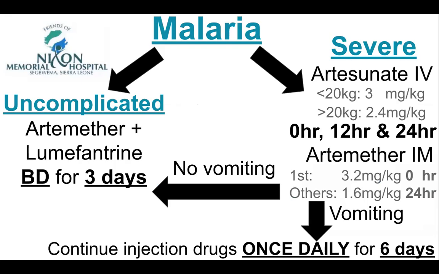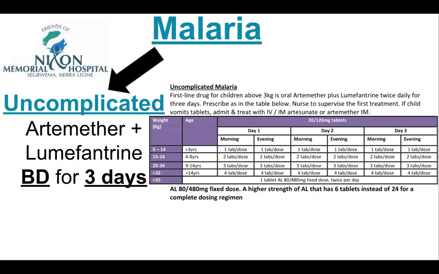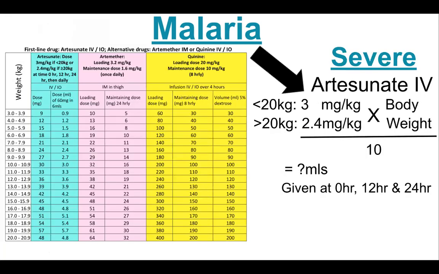And if the patient is having severe malaria, there are different types of medication we can use. So the first type of medication we can use is injection, IV or IM artesunate. So the dose for IV artesunate, if the body weight is less than 20 kilogram, is 3 milligram per kilogram.